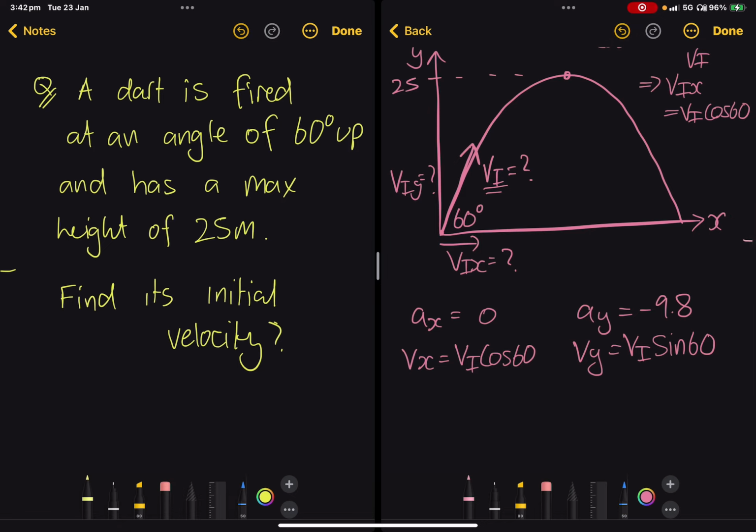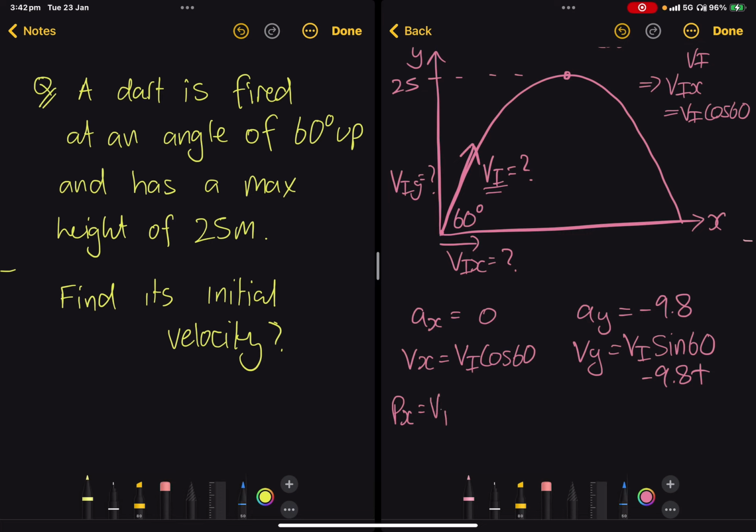So this is what we have. We have our accelerations, we have our velocities. And the velocity in y is in fact this, minus 9.8 times time. We don't know the time at which this maximum height occurs, so this is going to cause us a little bit of a problem. We can find the position equations though.